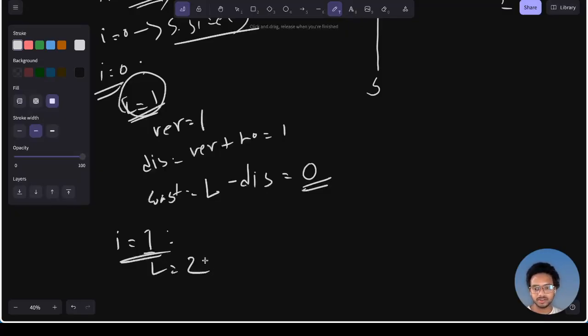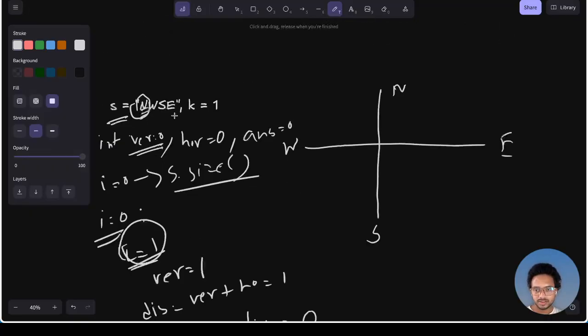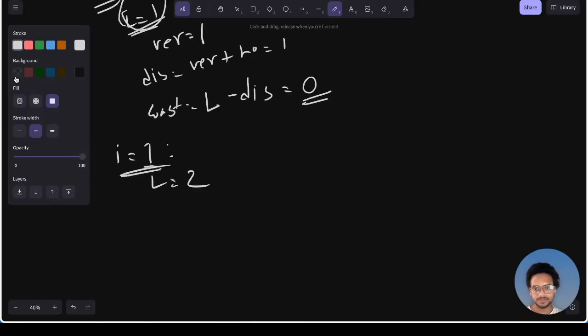The current character is W. If we get W, we have to do minus 1, we have to decrease the value of our horizontal. So my vertical will remain the same, vertical will be 1, but horizontal will be minus 1.